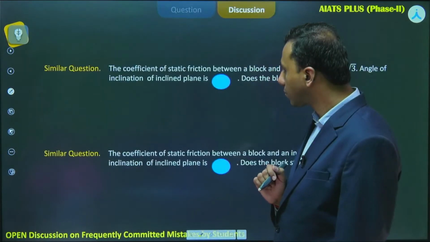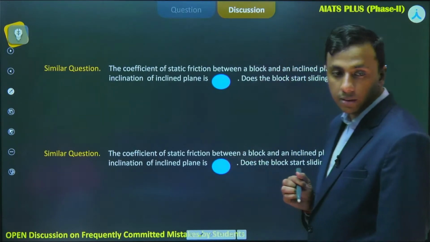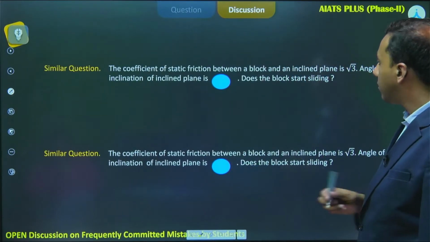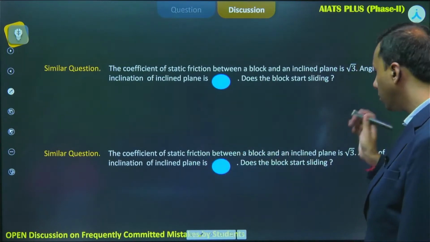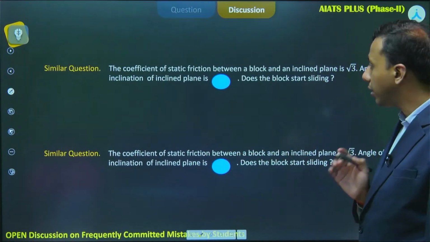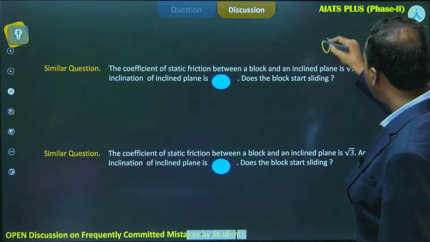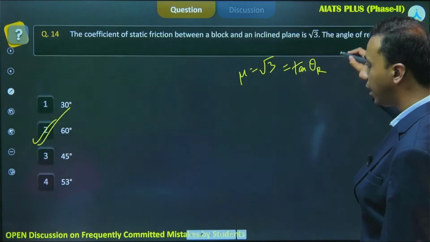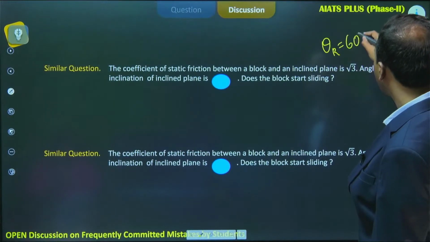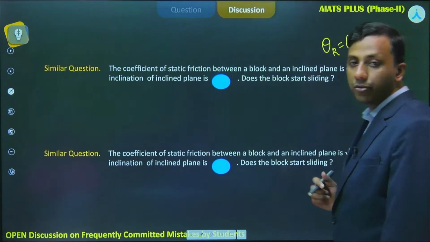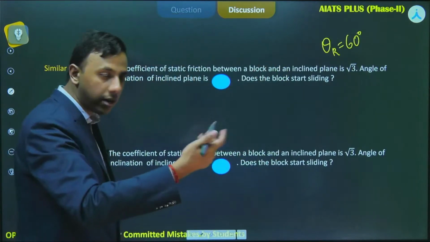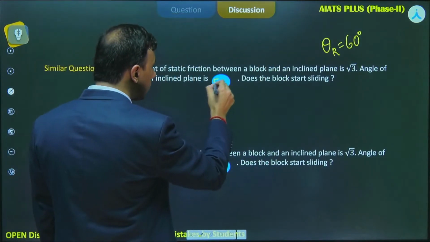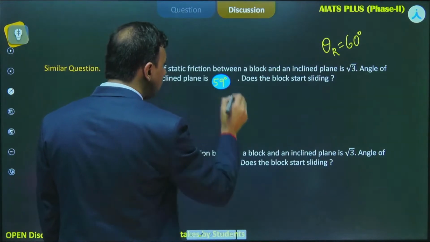That's it. Now see this question. Here also the coefficient of static friction is √3, which means the angle of repose is how much? Just now we did, 60 degrees. But here, let's say the angle of inclination is 59 degrees.